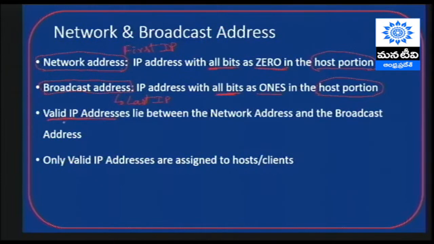The valid IP addresses are the ones in between the network address, which is the first address, and the broadcast address, which is the last address. Only valid IP addresses can be assigned to local computers, servers, printers, smartphones and tablets. All these network devices have an IP, called a valid IP address, and that is very important, because it allows us to communicate from the local network to the remote network, or between source and destination.